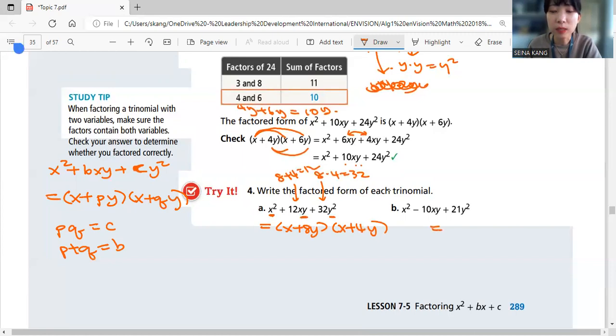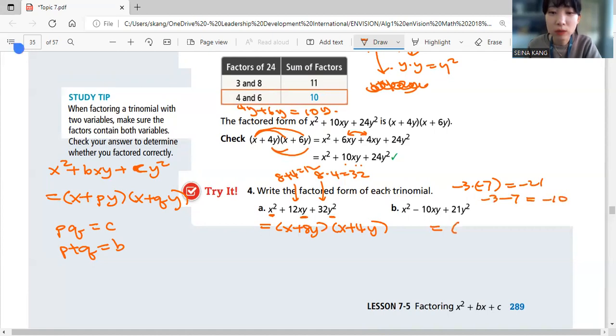All right, part B, two factors that multiply to positive 21 and add up to negative 10. Negative 3 and negative 7, right? Negative 3 times negative 7 is positive 21. Negative 3 minus 7 is negative 10.